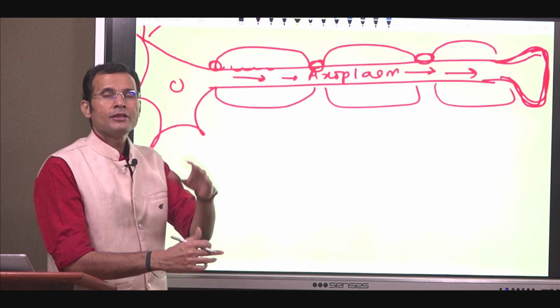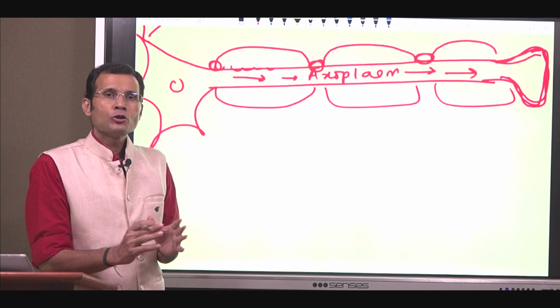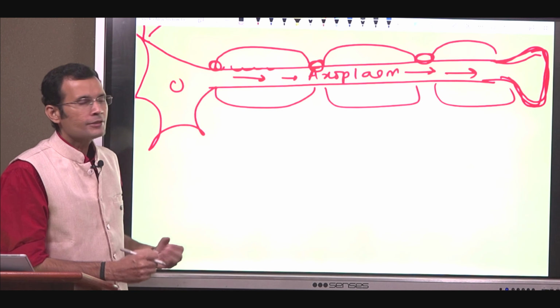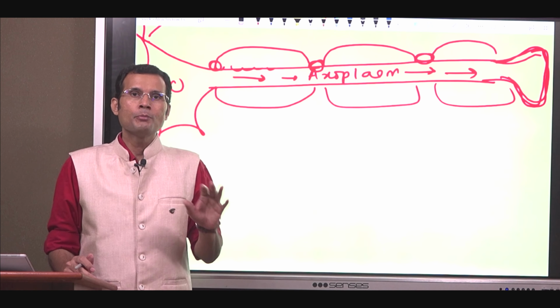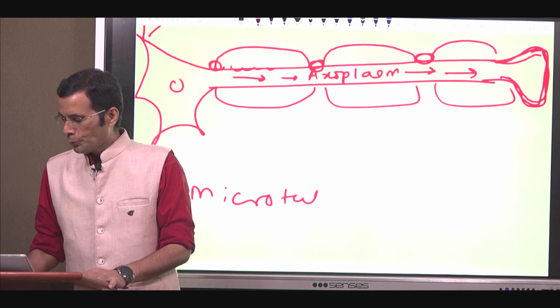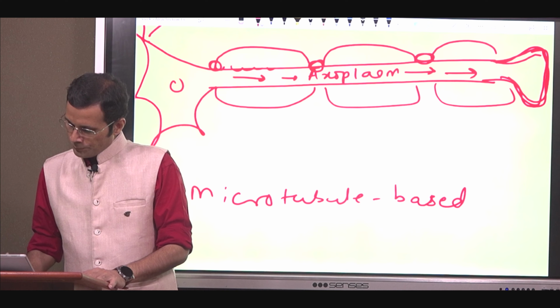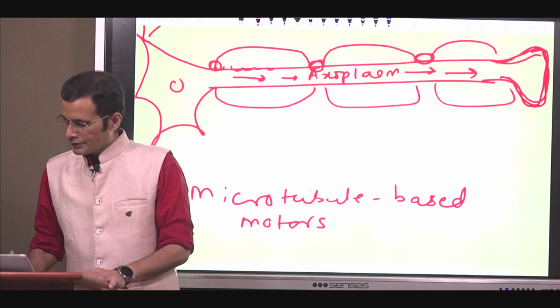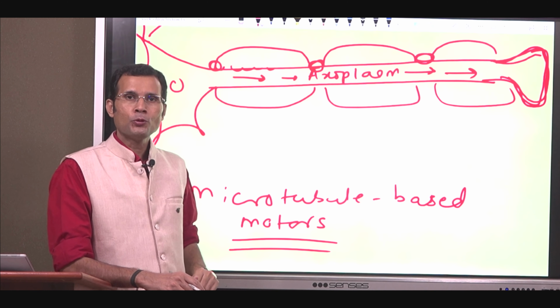Let me add one sentence in this. The axoplasmic transport is carried out with the help of some molecular motors. There are microtubule based motors, and those motors are responsible for carrying out this transport.